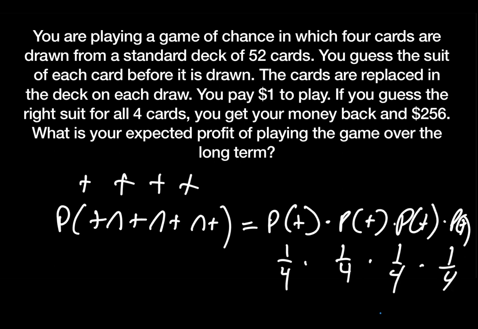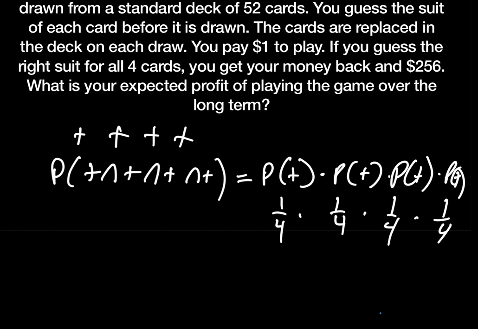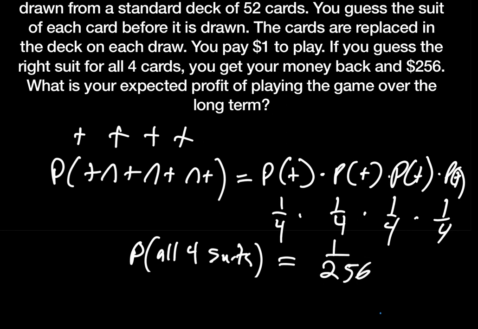I multiply those, and the probability of getting all 4 suits guessed correctly is 1 out of 256, right? 4 to the fourth is 256.